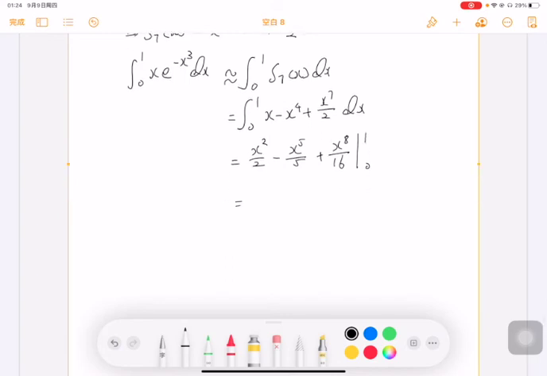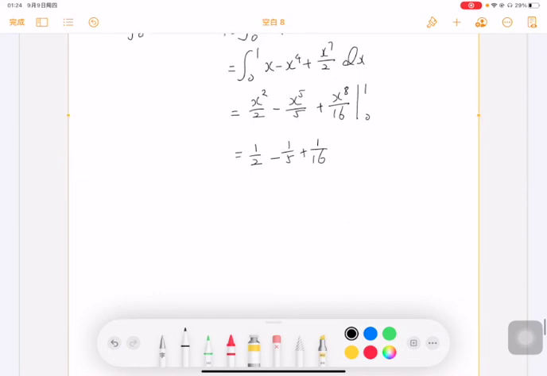Plug in 0, you get 0. Plug in 1, you get 1 over 2 minus 1 over 5 plus 1 over 16. To find this, the common denominator would just be 5 times 16, which is 80. So you get 40 over 80 minus 16 over 80, then plus 5 over 80.